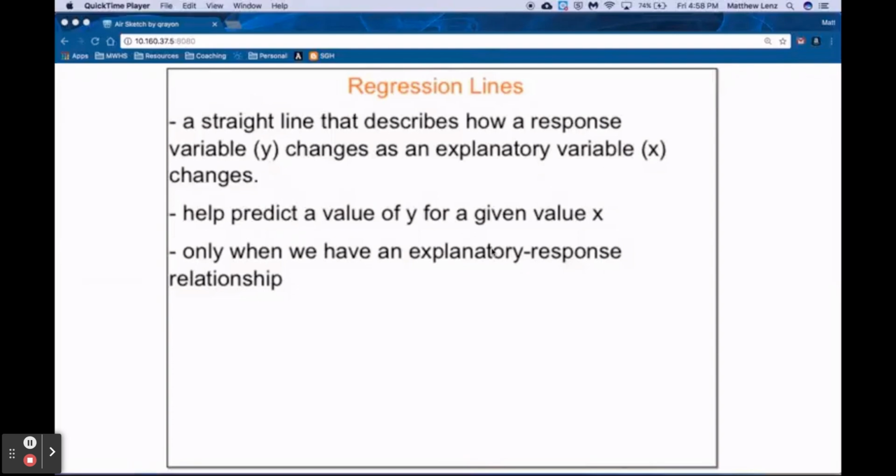A regression line is a straight line that describes how a response variable changes as an explanatory variable changes. The biggest thing about these regression lines is that they can help you predict a value of y for a given value of x, or even vice versa. But this only works if you have an explanatory versus response relationship. The explanatory versus response relationship is key to this whole piece.